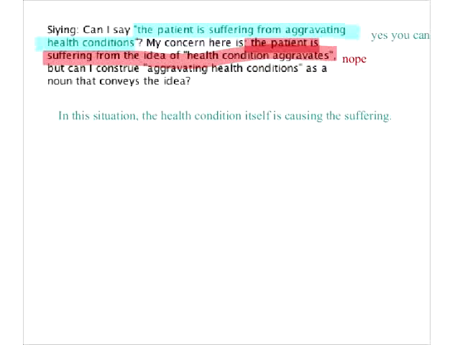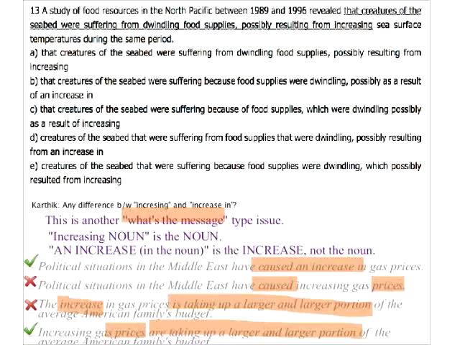Okay. There's a couple other people typing stuff. Katie, no, because that's still the supplies. Even though the supplies are dwindling, the supplies are not causing the problem. It's kind of like the second sentence out of these four, in response to Katie's question.